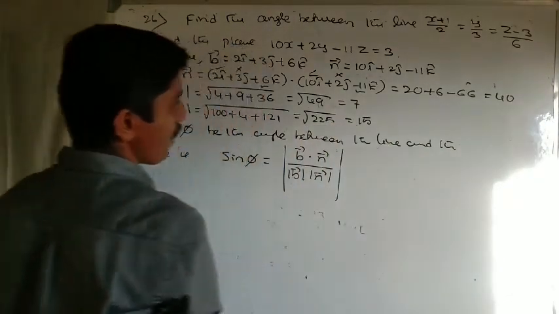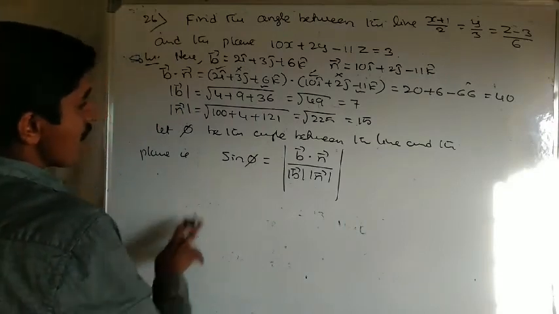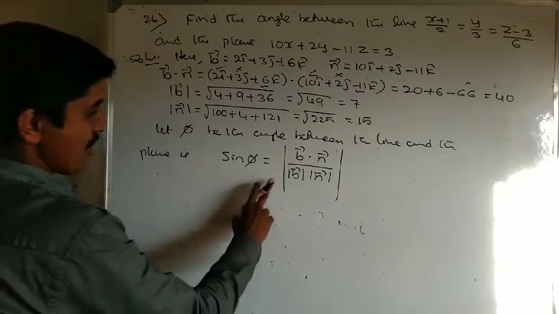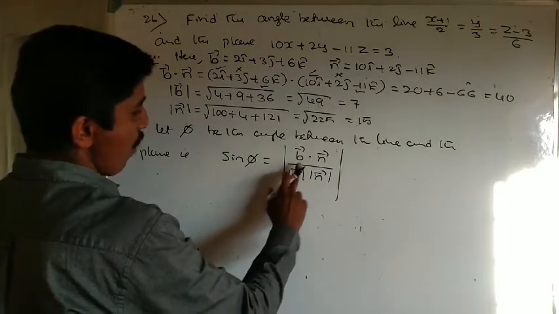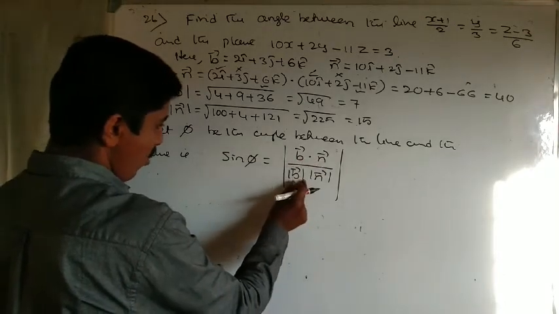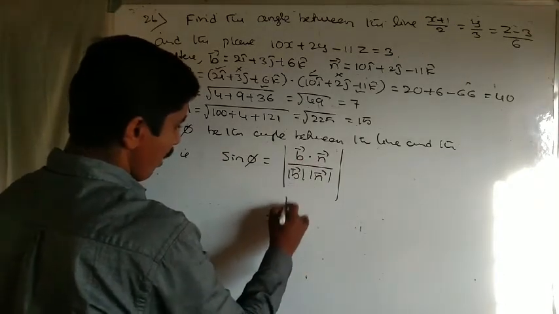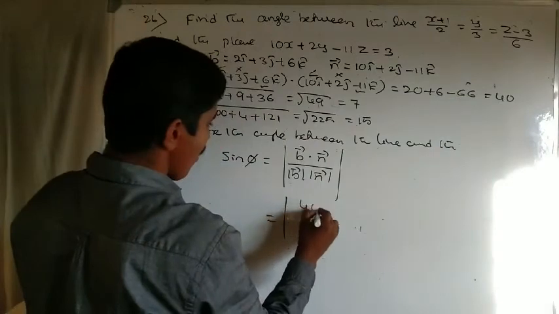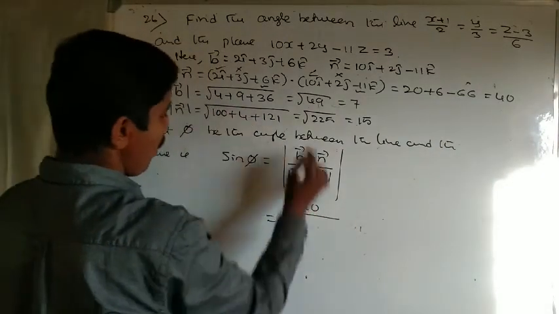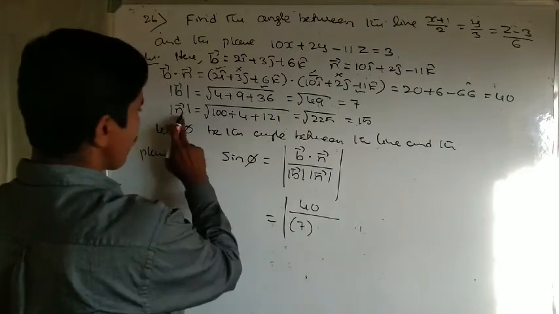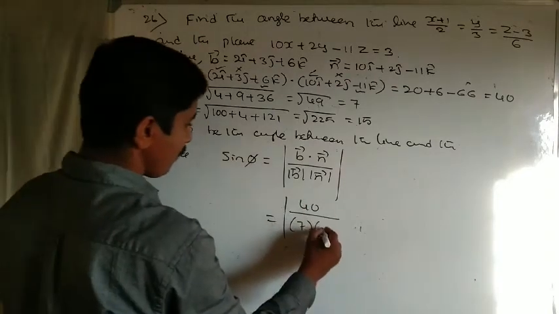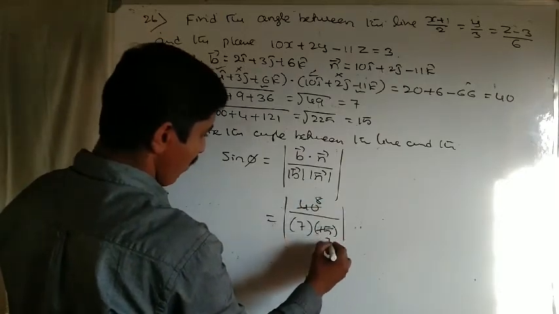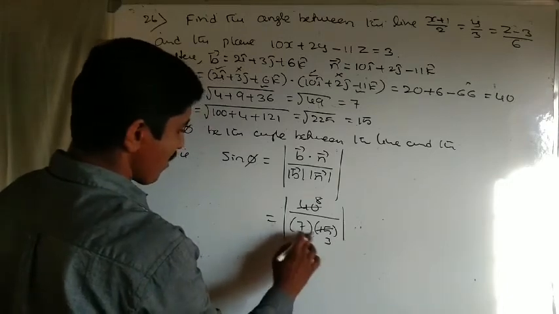Square root of 225 is 15. Here phi is the angle between the line and the plane, then sin phi, not cos phi, is equal to modulus of vector b dot vector n divided by magnitude of vector b times magnitude of vector n. Substituting the values: 40 divided by 7 times 15. 5 eights are 40, 5 threes are 15, so 8 divided by 7 into 3, 21.